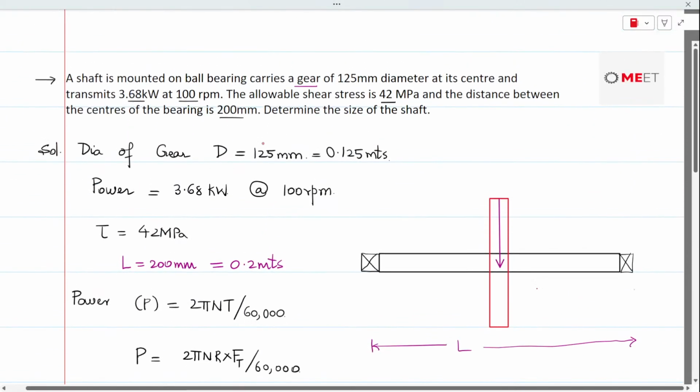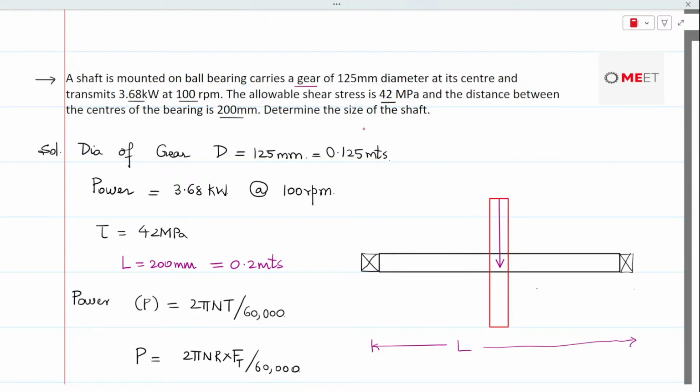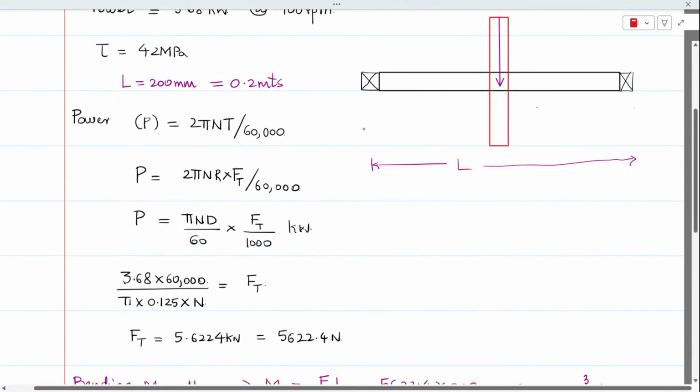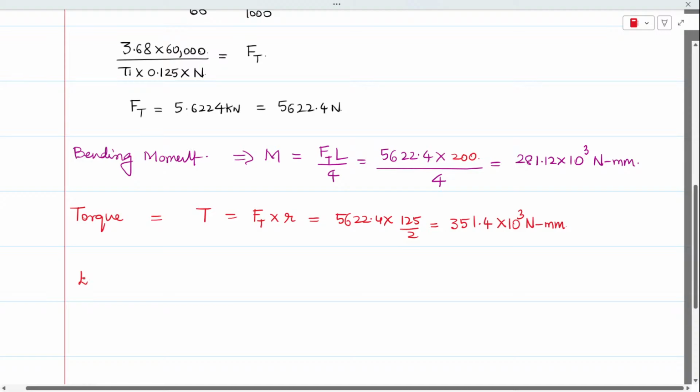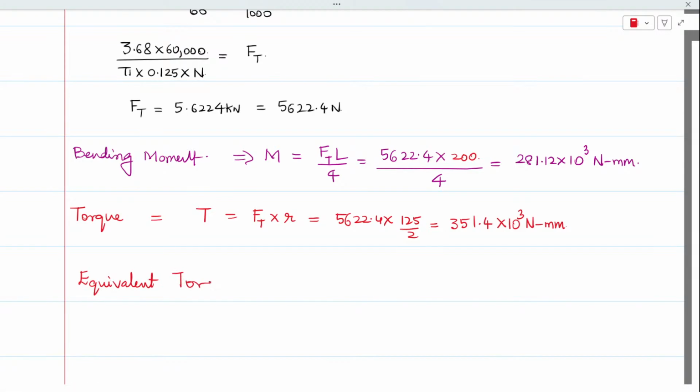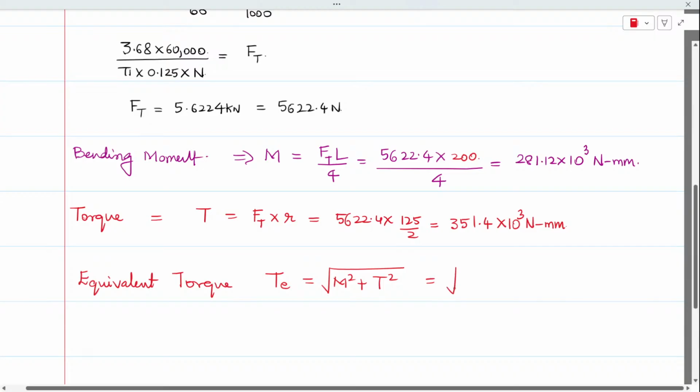Now here allowable shear stress is given. So we are going to use Tresca and Guest theory or maximum shear stress theory, or else even if you calculate equivalent torque, this equivalent torque is derived out of using the maximum shear stress theory or Tresca and Guest theory. So Te is equal to root over M square plus T square. So 10 power 3 is common to both.